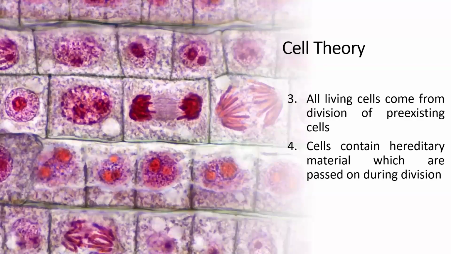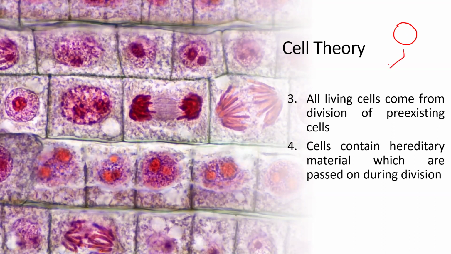All right, next part of the cell theory. All living cells come from the division of a pre-existing cell, okay? Nobody really knows where the first cell came from. There are different theories, different beliefs, but we all know that in order to get new cells, they would have to come from the division of a pre-existing cell.